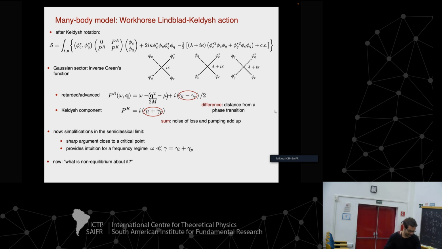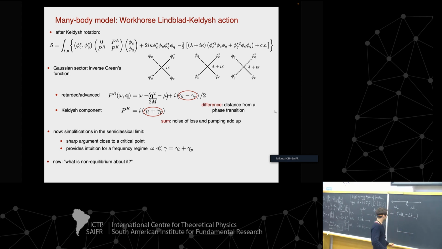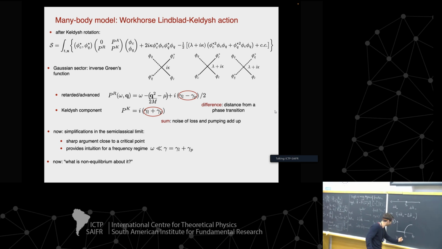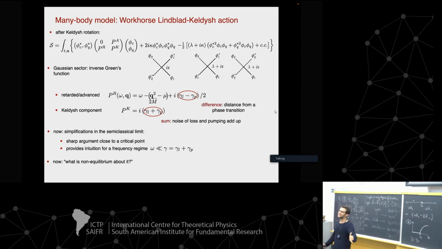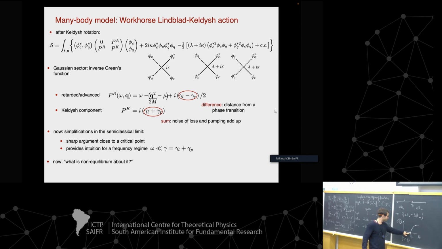Remember, we had yesterday this picture that the qualitative physics of this Lindblad equation was that when the pumping starts to exceed the losses, then the system starts to acquire a finite expectation value of the field. So in a very precise sense, this parameter gamma loss minus gamma pump measures the distance from the phase transition. Here is the phase transition for the onset of condensation. Here it's positive, and here this quantity is negative, this difference here.